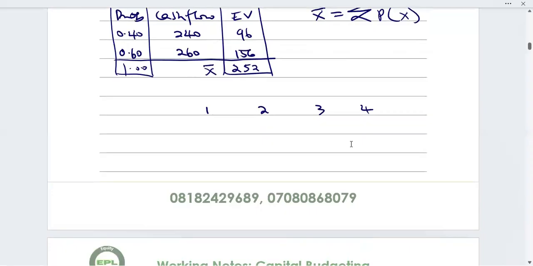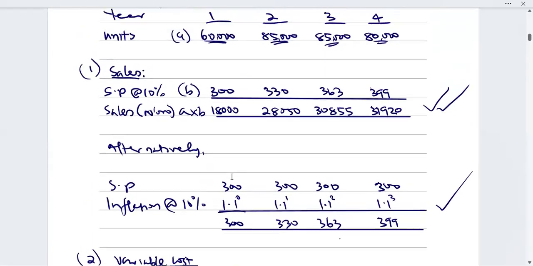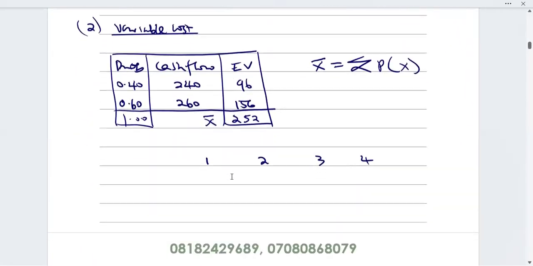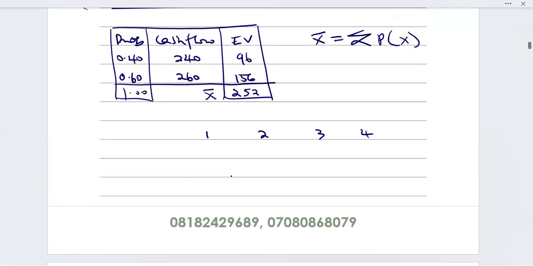So the units, according to the question, the first year unit is 60,000. If I like, I can use the primary school method in this case, just to make it explicit. Variable cost per unit is 252.